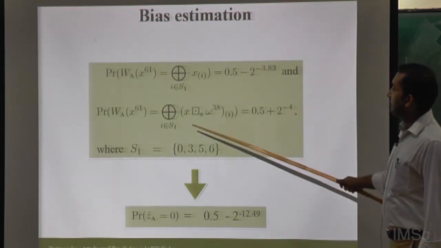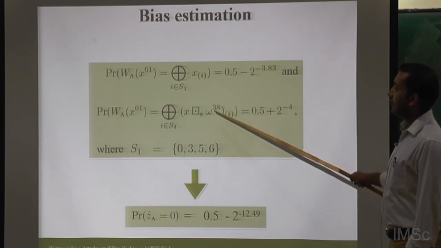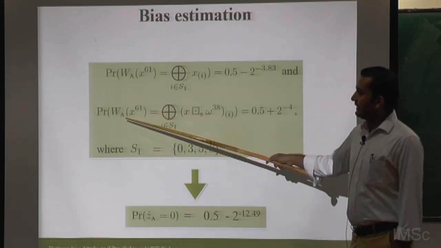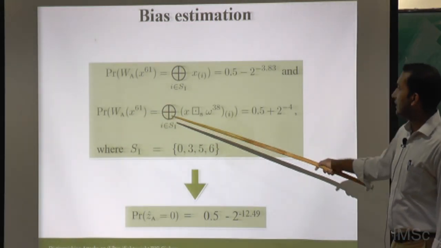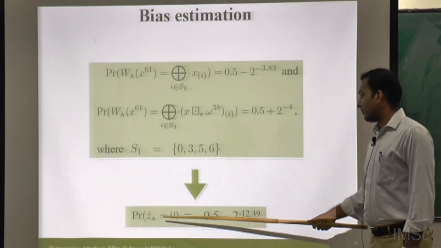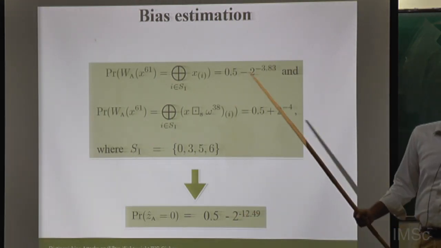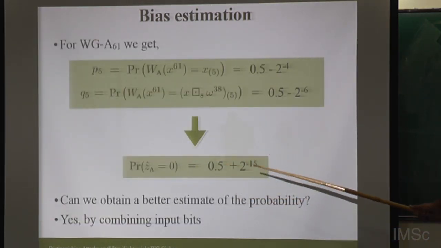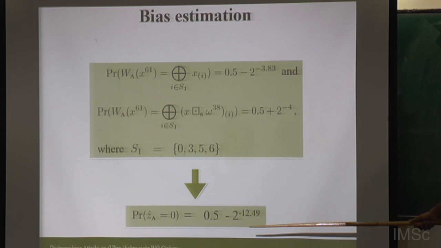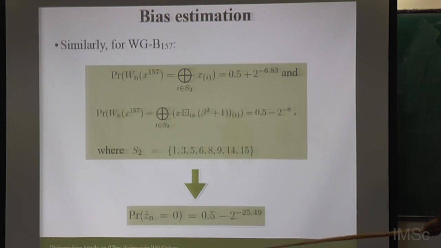Similarly, the 0th, 3rd, 5th and 6th bits of the product are XORed, and we have computed the probability that it is equal to the output of transformation. When we use those two probabilities to compute the final probability, we get the value 0.5 minus 2 power minus 12.49. Here we had the bias as 2 power minus 15, and it has been improved to 2 power minus 12.49. So this is the best bias that can be obtained using this method.